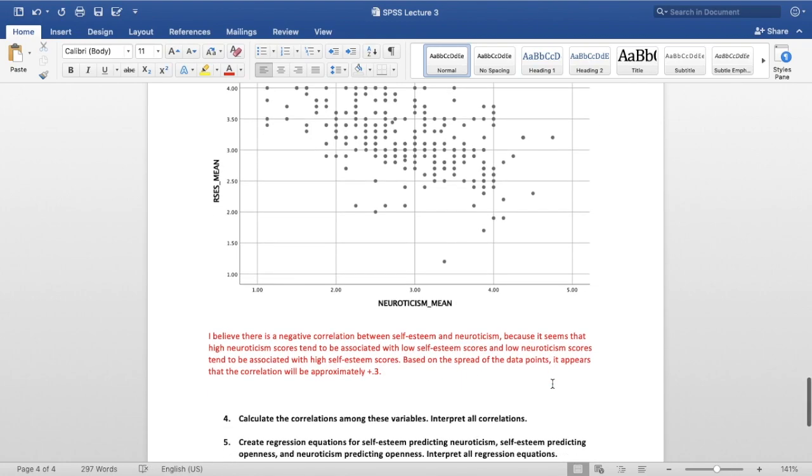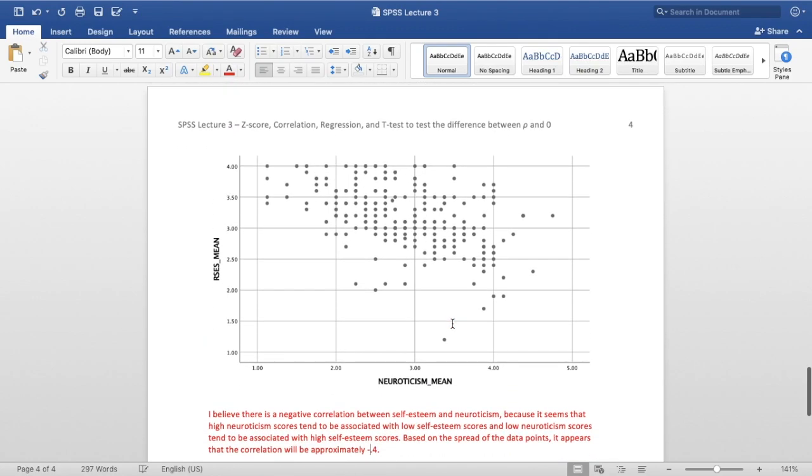Based on the spread of the data, it appears that the correlation will be approximately negative 0.3 or negative 0.4. Okay?